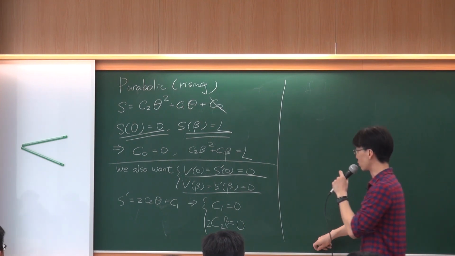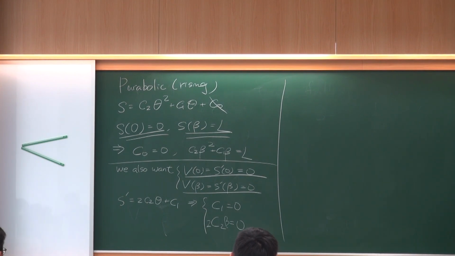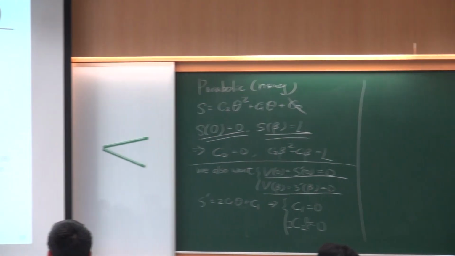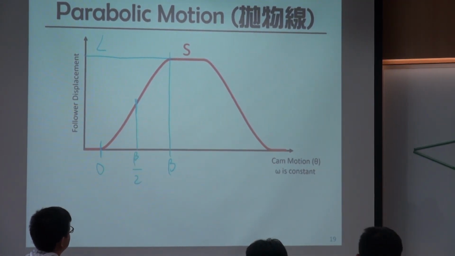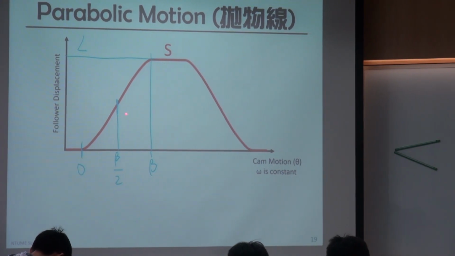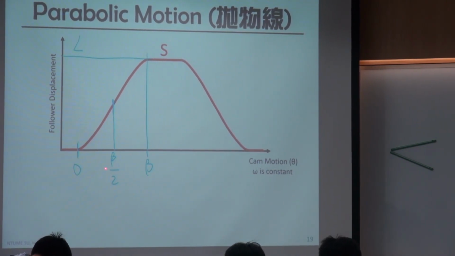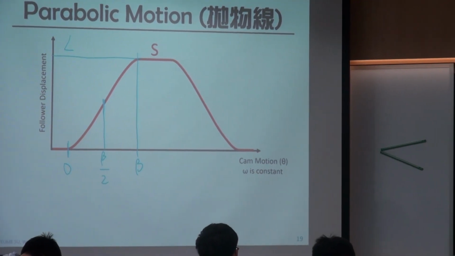So what we're going to do here is divide this curve into two sections. The first section is from 0 to beta over 2, and the second part is from beta over 2 to beta.